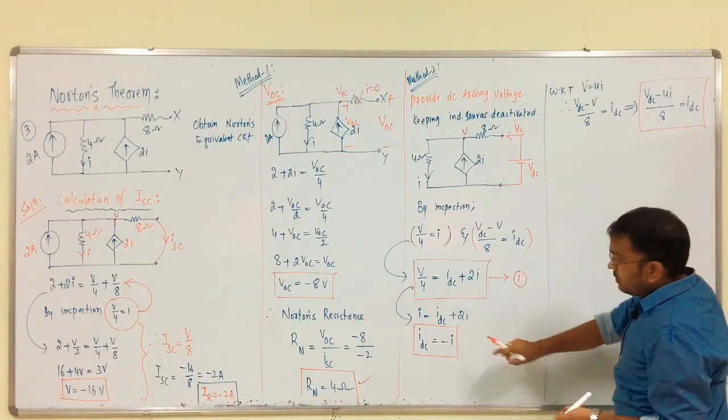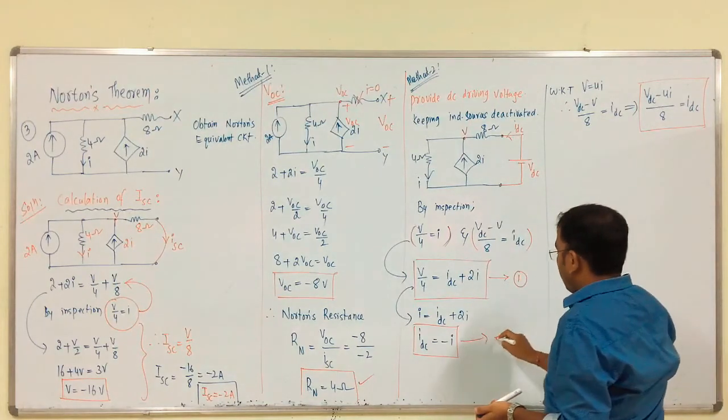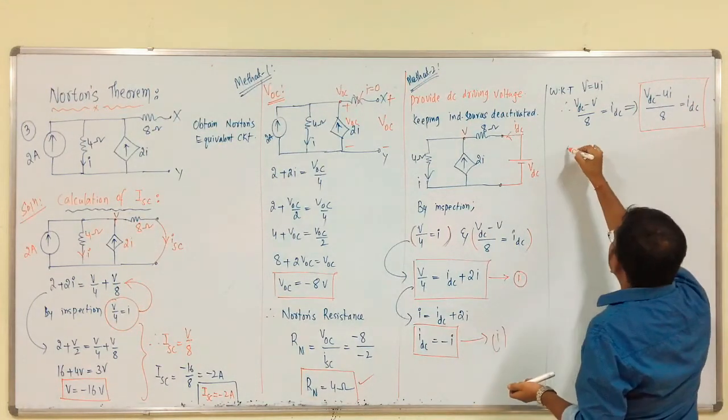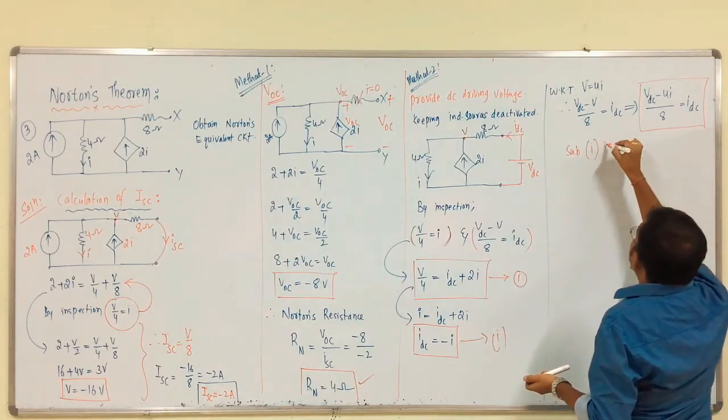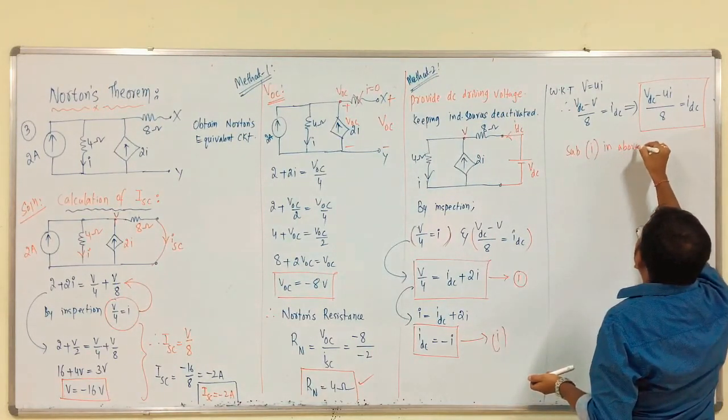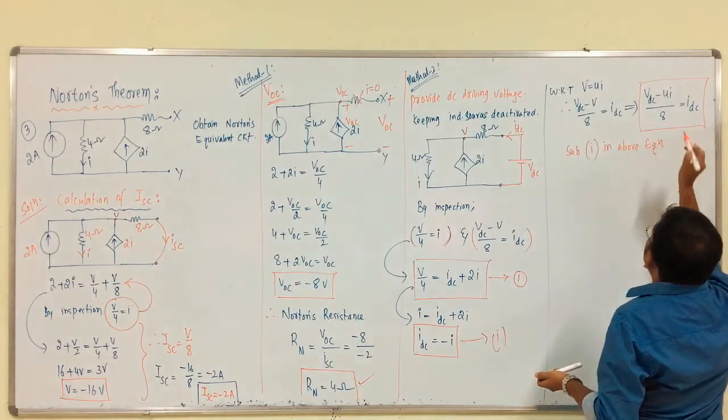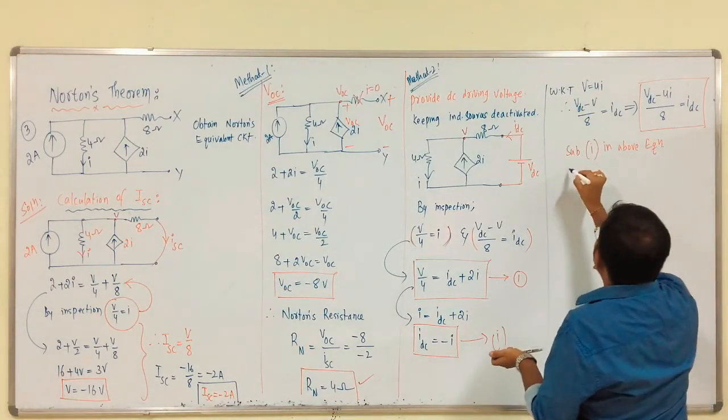In this equation, this is equation 1, substitute 1 in the above equation. Then the equation becomes what?